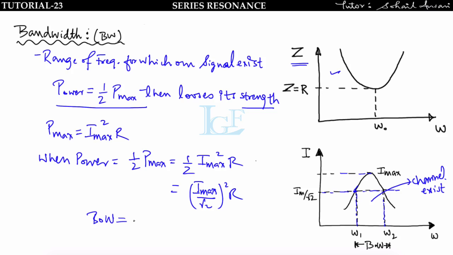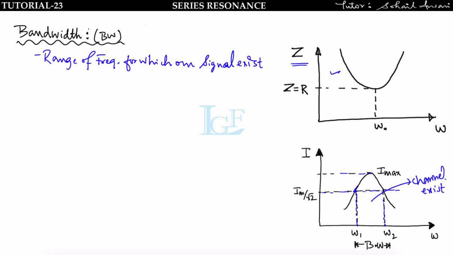So bandwidth can be defined as omega 2 minus omega 1. Got it? Now in order to find the cutoff frequencies omega 1 and omega 2, I will write like this: when the instantaneous value of current is equal to 1 by root 2 times I max, then I will get omega 1 and omega 2, right?